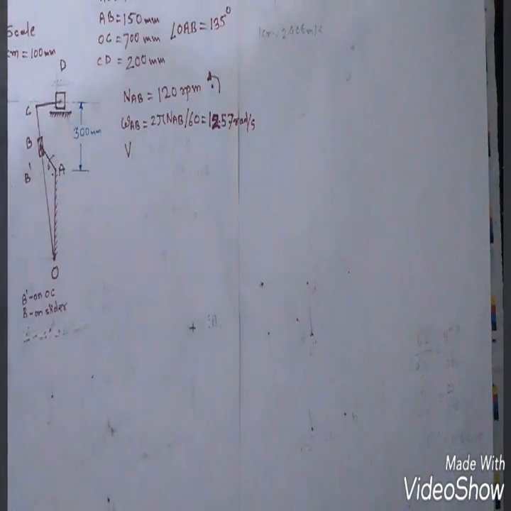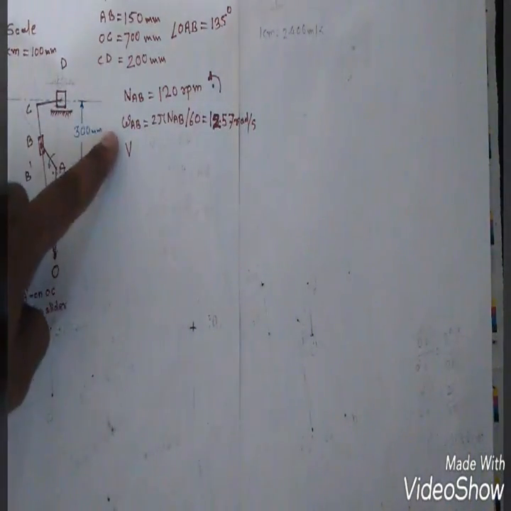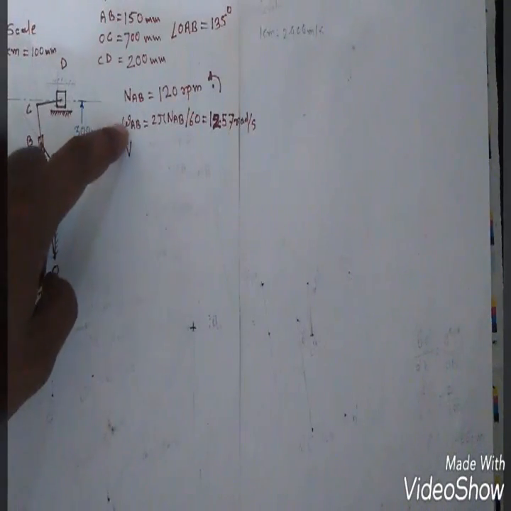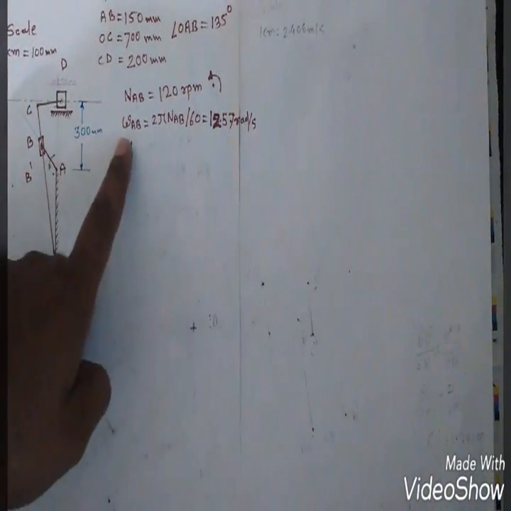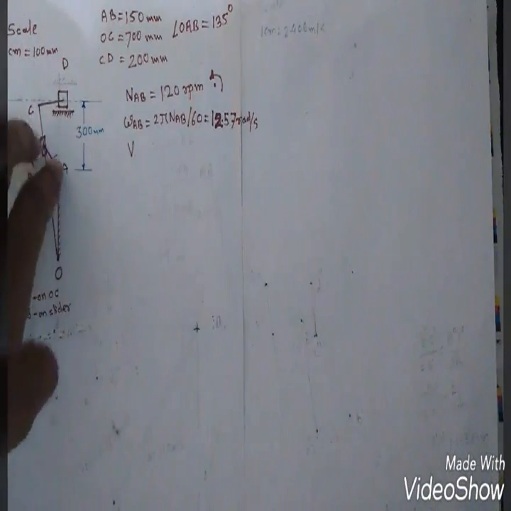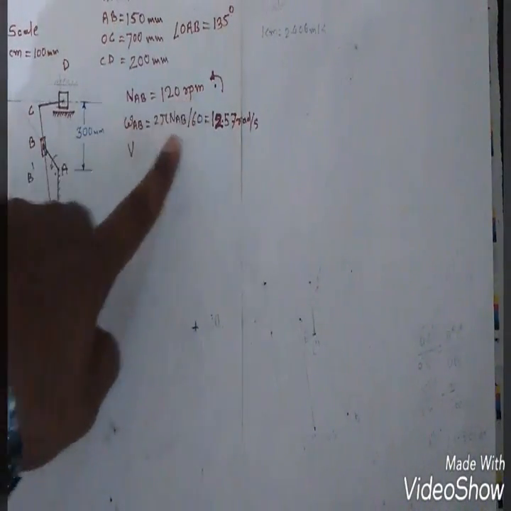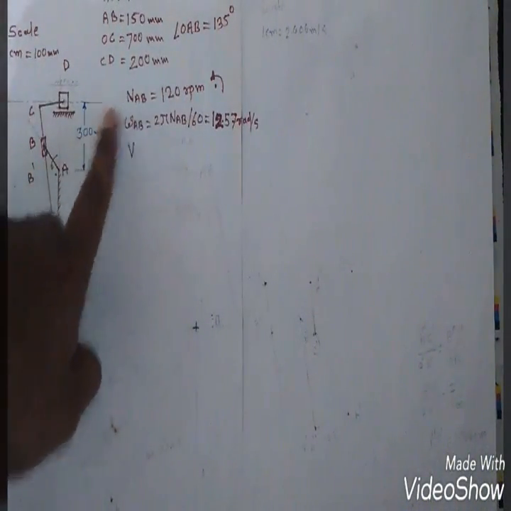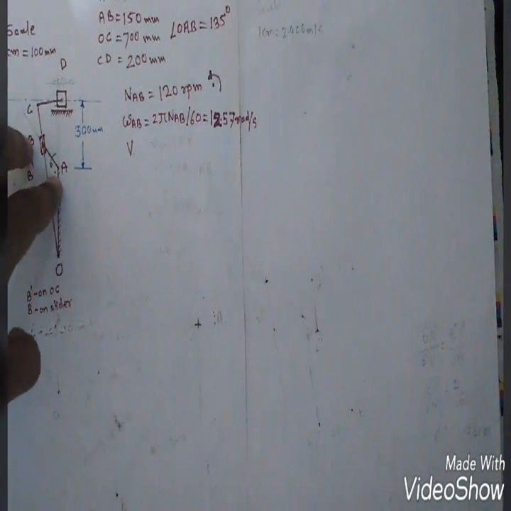While solving the velocity acceleration diagram problem, first of all we have to calculate the angular velocity omega for the link whose RPM is given. In this case, RPM of link AB is given.